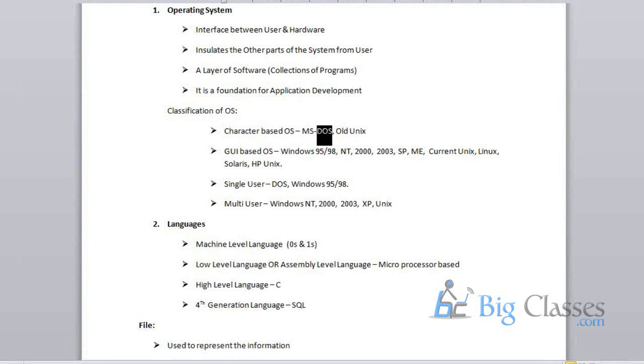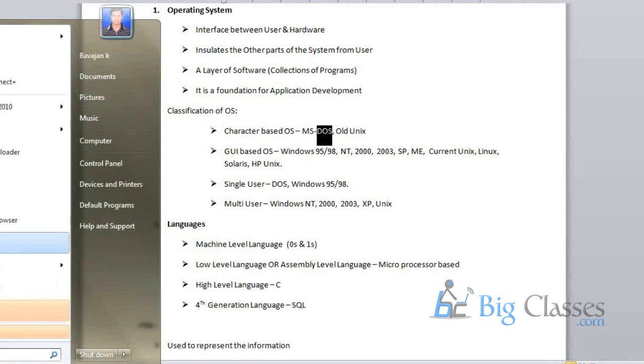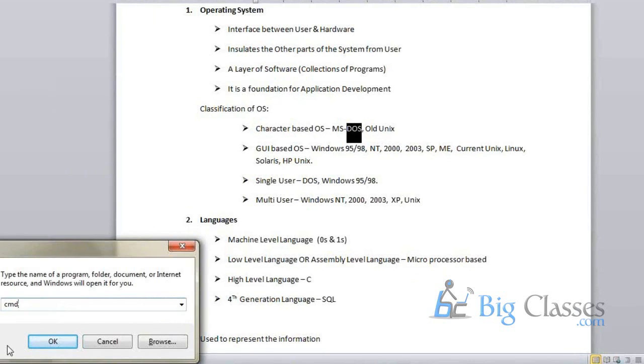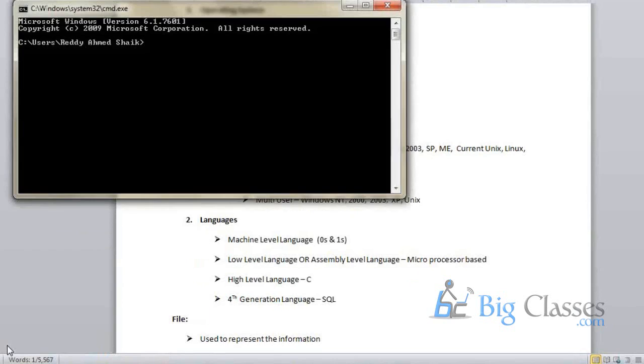On your machine, if you have the Windows environment, I am just showing you the DOS prompt. So Windows, look there, I am opening what we call the command prompt. If you observe, it is displaying the C drive and the logged in username.